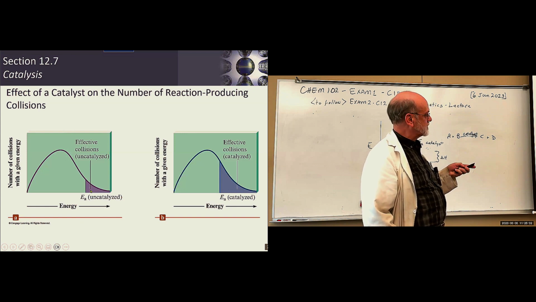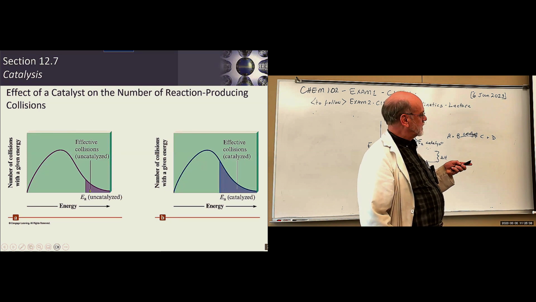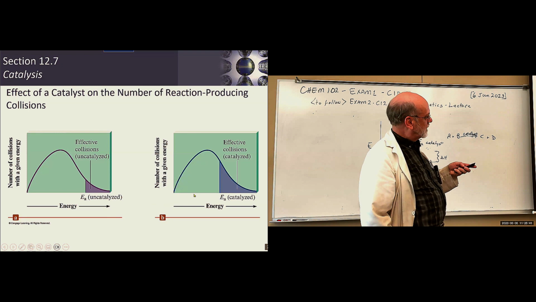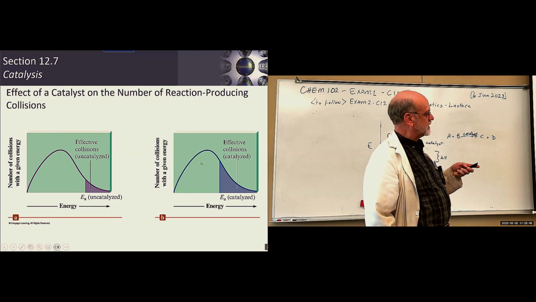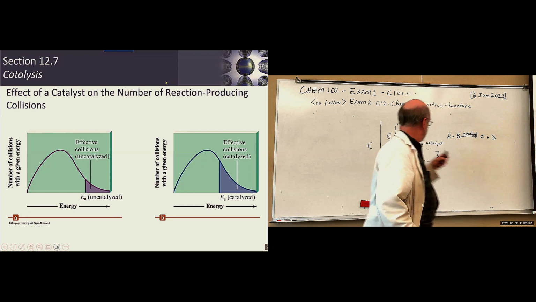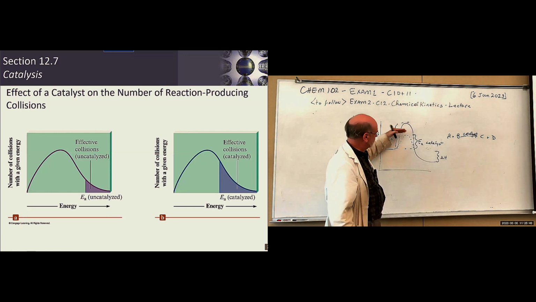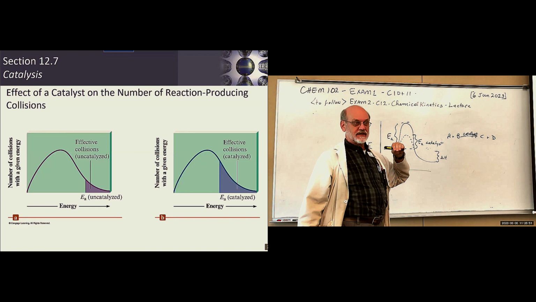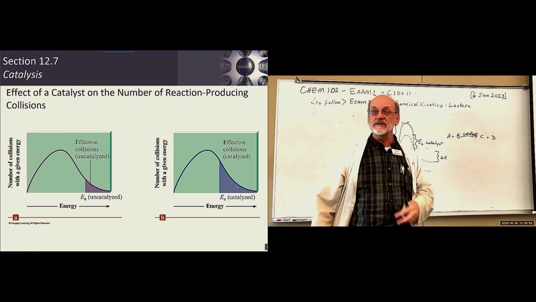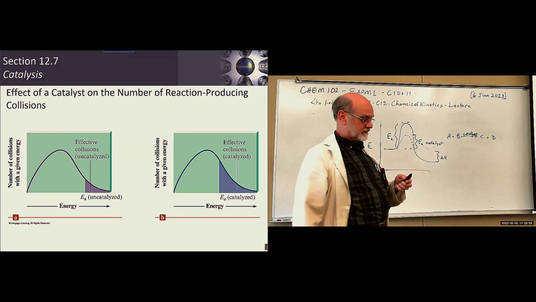That's the number of collisions that have sufficient energy uncatalyzed. With a catalyst, we increase the number of collisions that can produce a reaction because we provide a different mechanism with a lower activation energy required. That's what catalysts do. They change the activation energy for the reaction.